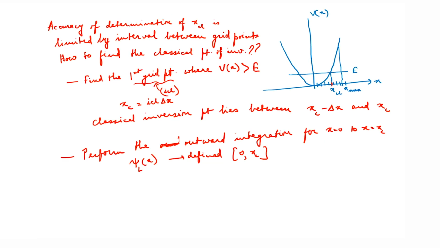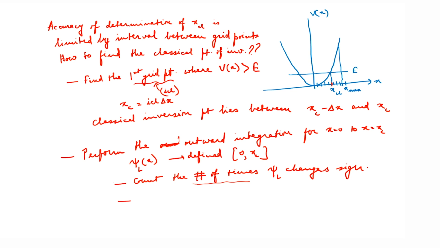While performing this outward integration, what I should also do is count the number of times my psi L changes sign. If the number of times psi L changes sign equals the desired number of nodes, that tells me this solution is correct.